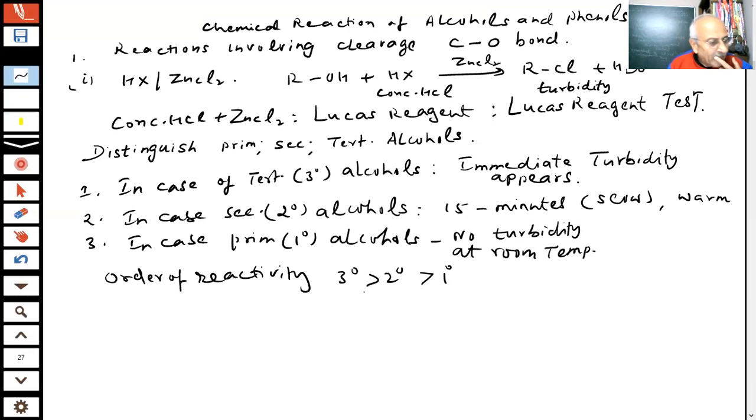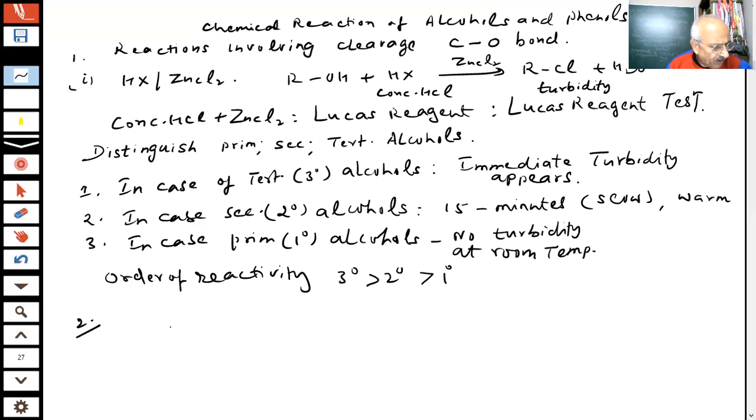So you know that 3 degree carbocation is more stable than 2 degree, and 2 degree carbocation is more stable than 1 degree, which we have discussed. So this can be used as a test, students, and is an important test for distinguishing. We have discussed this in the haloalkanes or alkyl halide chapter. If you are interested, you can go back to that video and watch it.